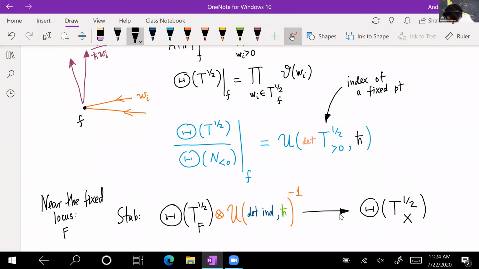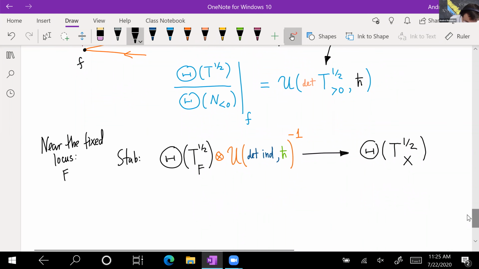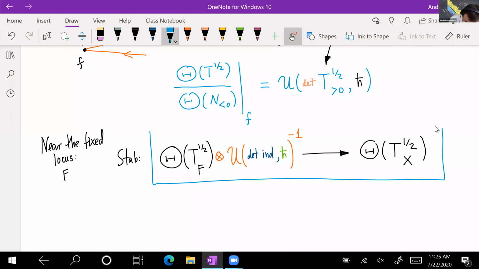This is pretty important. It says that even if I fix a polarization, I must introduce that twist, otherwise I'm not going to be in the correct line bundle. This shift must be there.